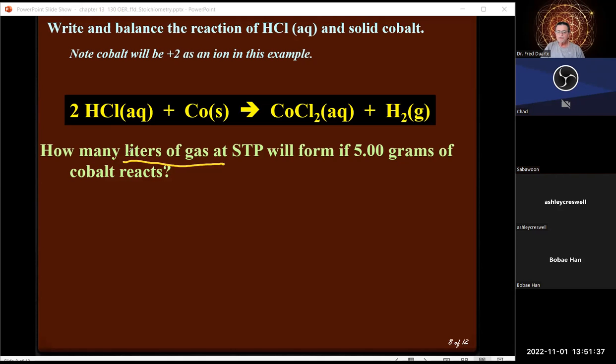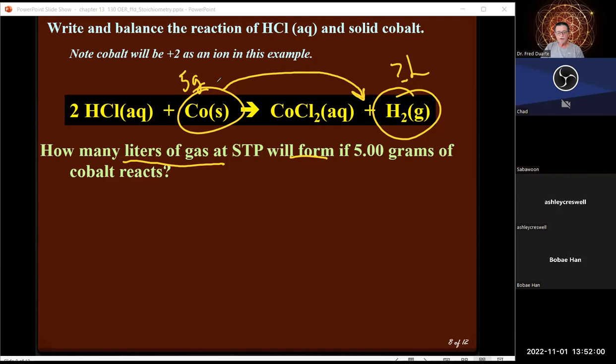Kind of a tricky question, but not really, because the only gas on the product side is hydrogen. So we need to know how many liters of that. If you have 5 grams of cobalt, our concern is the relationship between cobalt and hydrogen.